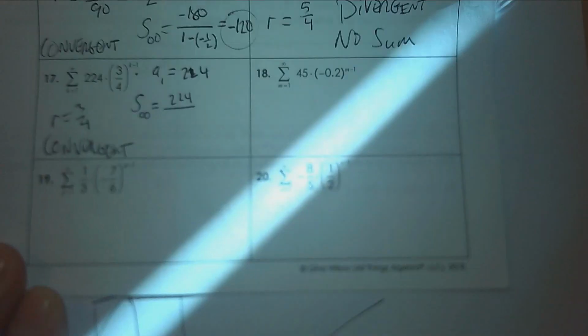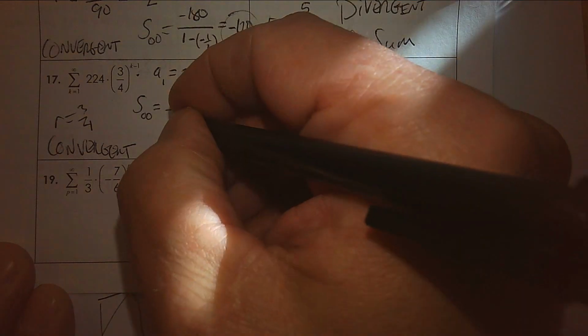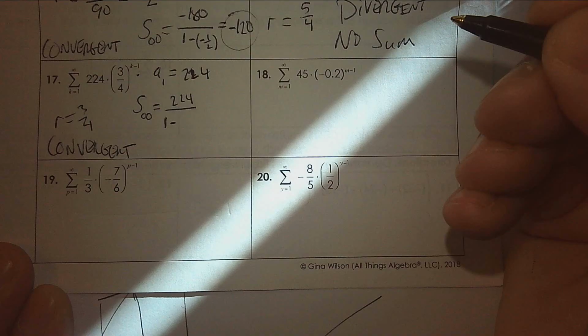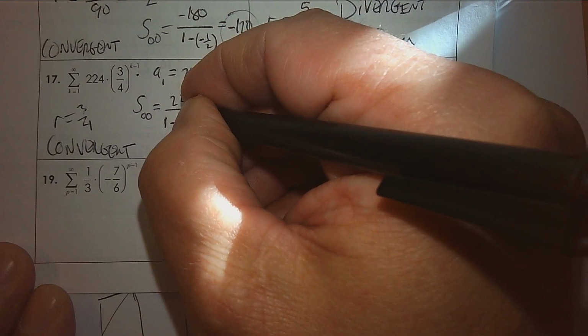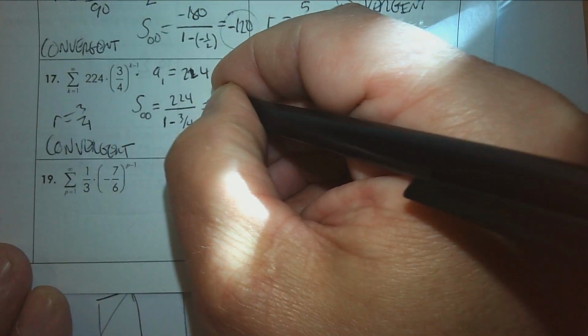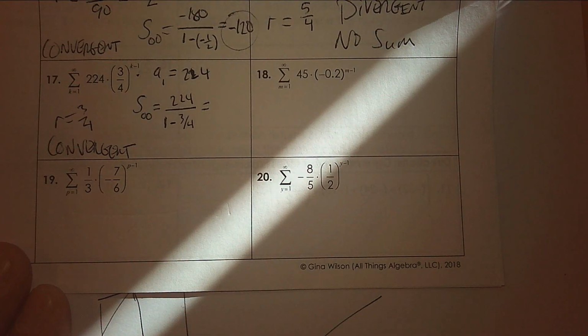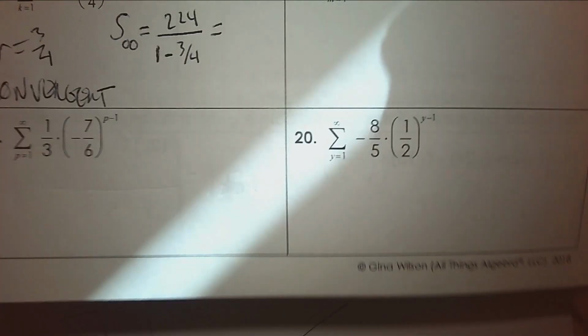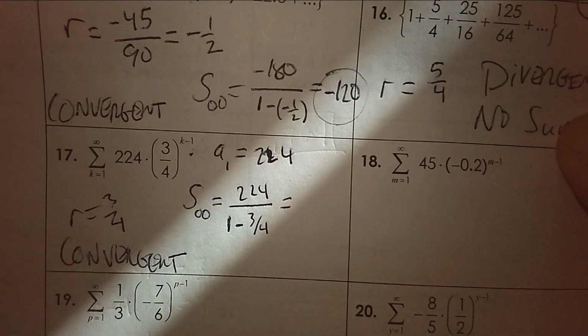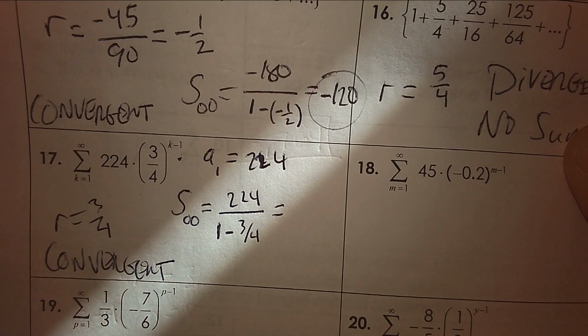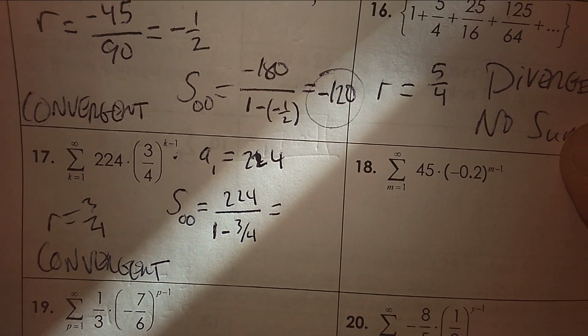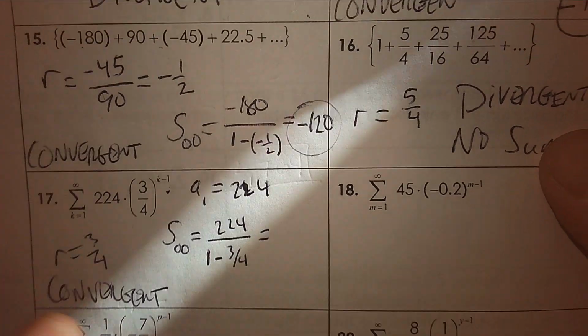What goes in the denominator? 1 subtract 3/4. Use your calculator. Let's see, my answer key's right here. My answer key says 896.